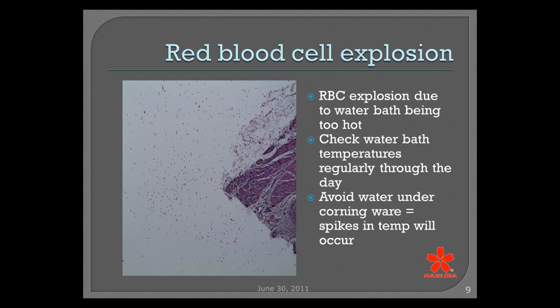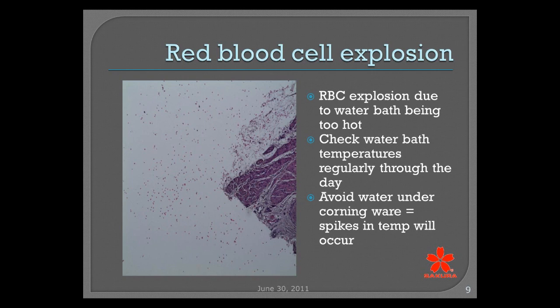Most of the time when you are cutting and your water bath temperature will spike, it's because you've got water underneath your Corningware, in between your heating element and your Corningware. If that's the case, then your water bath is going to spike high and then drop back down low, and spike high and then drop back down low.